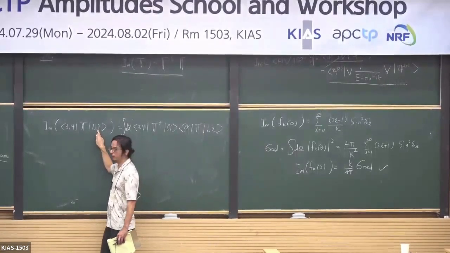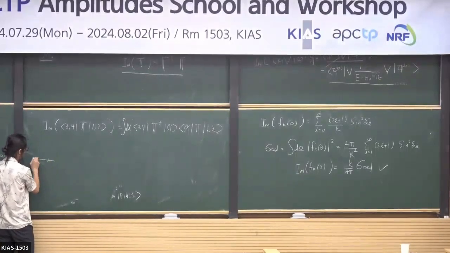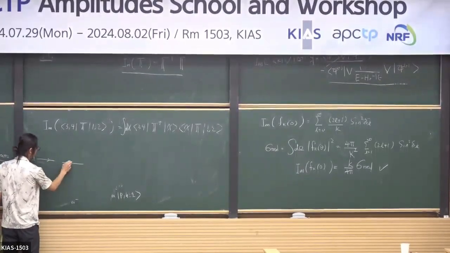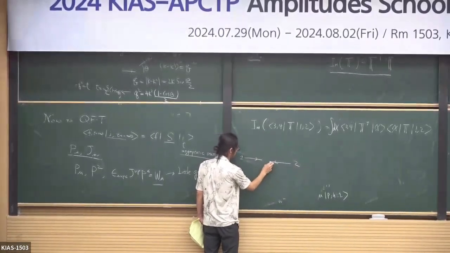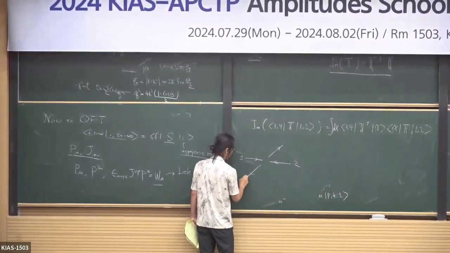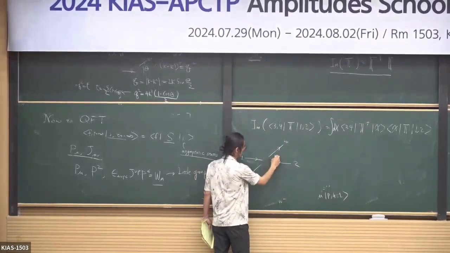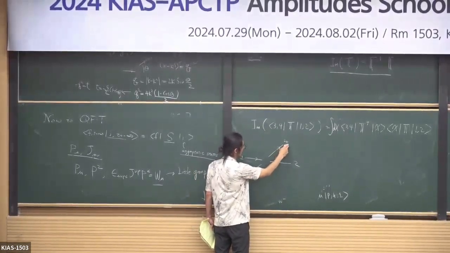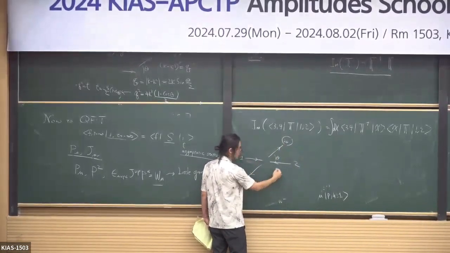If we consider the center of mass frame, we have 1, 2 particles coming in, and because we're in the center of mass frame, their momenta are opposite. We have 3, 4 going out. In the forward limit, I just mean to identify 4 with 1 and 3 with 2. That is forward scattering.